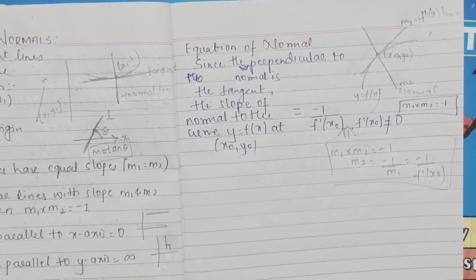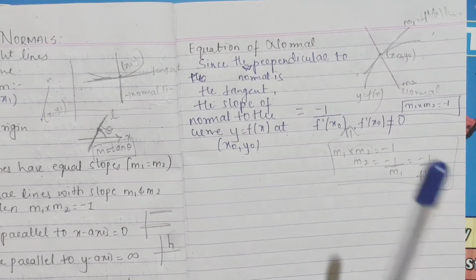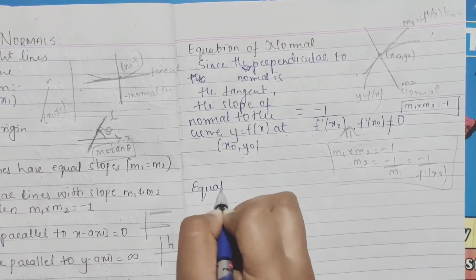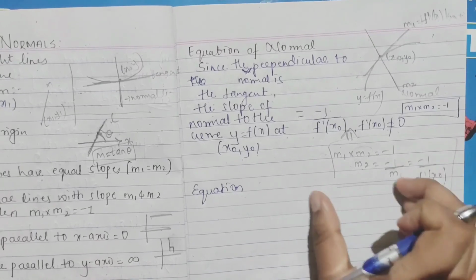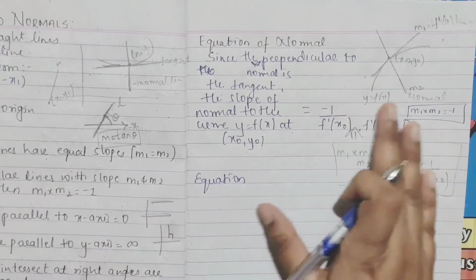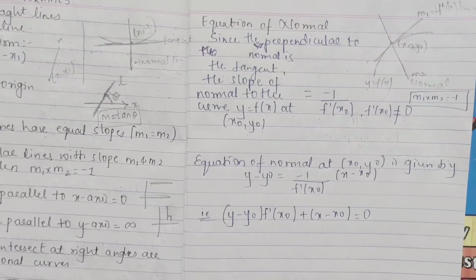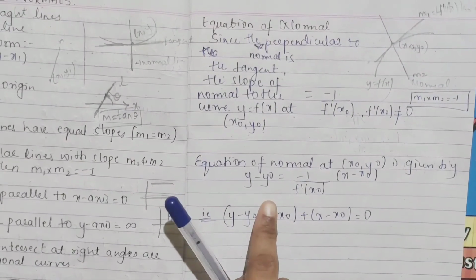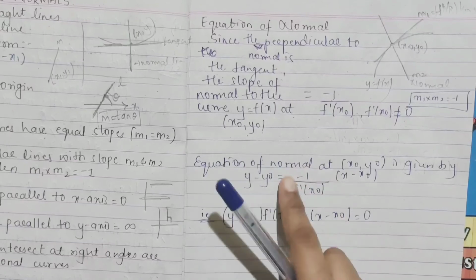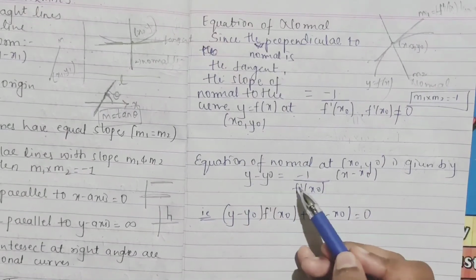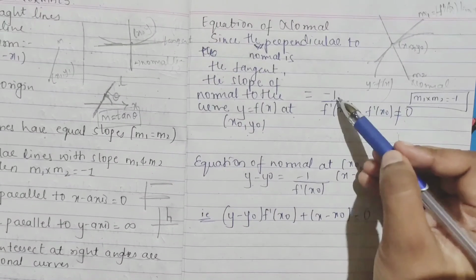So we have got our slope, and now we will find the equation. Pause it and note it down if you want. For the equation of the normal, we know the point-slope form: y minus y naught is equal to m into x minus x naught. Here m is the slope of the normal, minus 1 by f dash of x naught.